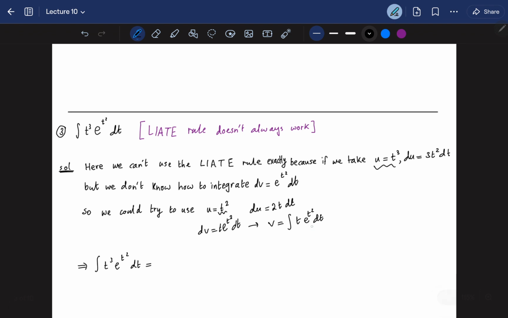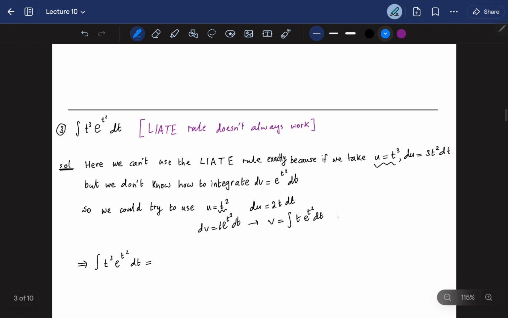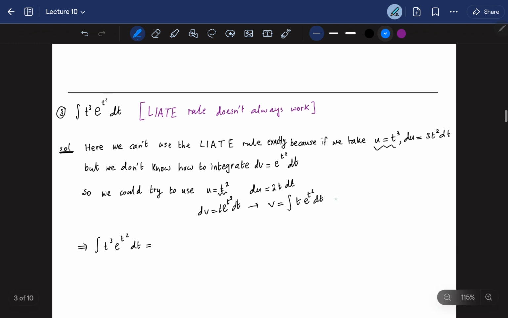Now if you look closely, a u substitution here is going to be helpful. Let's call the u substitution u1, just to differentiate it between this u and this u. So here, if you take u1 to be t squared, the derivative is just 2t dt.